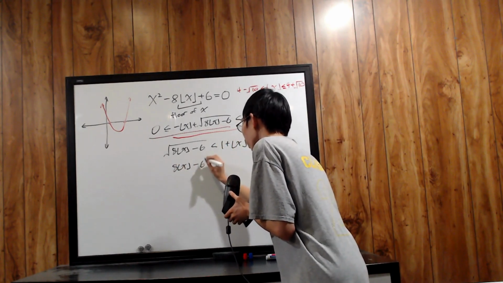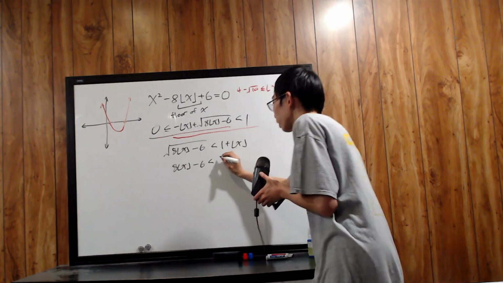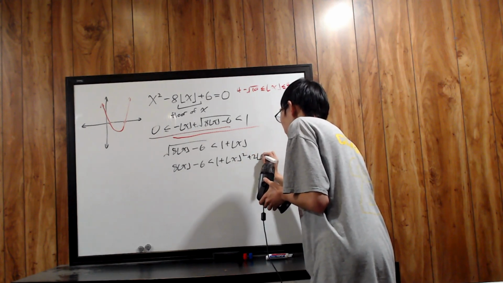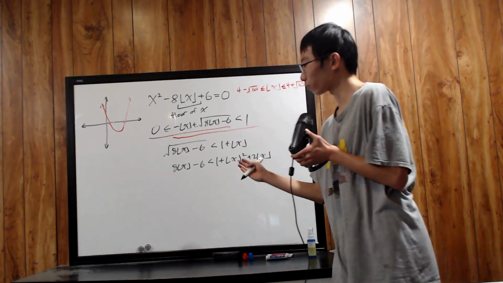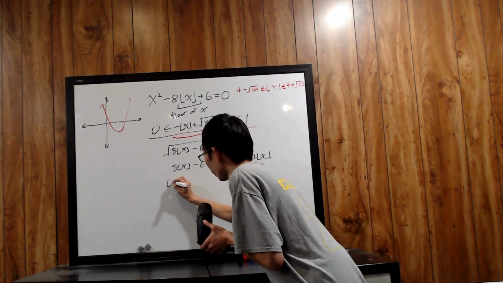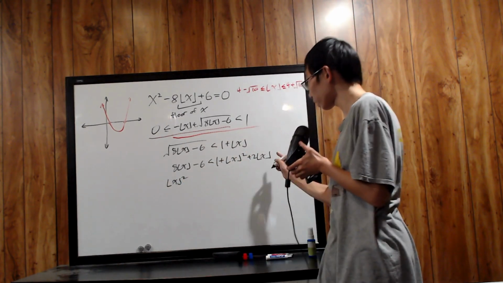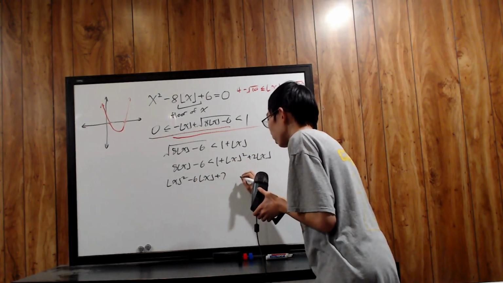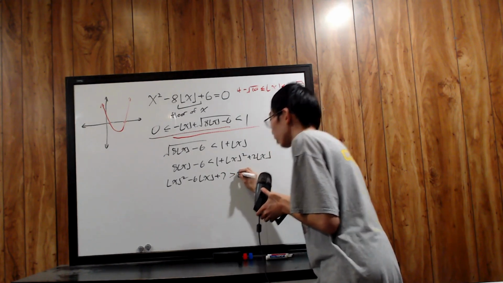So we have 8 floor of x minus 6 is smaller than 1 plus floor of x squared plus 2 floor of x. And we can move every term on this side onto this side. So we have floor of x squared and then minus 6 floor of x and then plus 7. This shall be greater than 0.